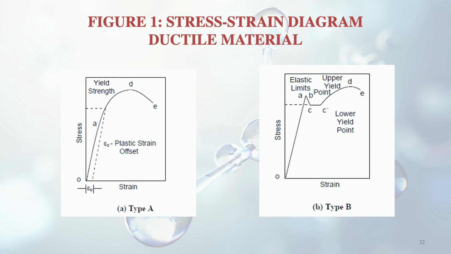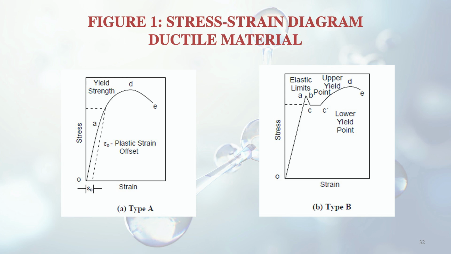Now look at the curve. Stress and strain vary linearly up to a certain point, which is given as A. As stress is increasing, the strain is also increasing in a linear manner, but the rate is not that high.